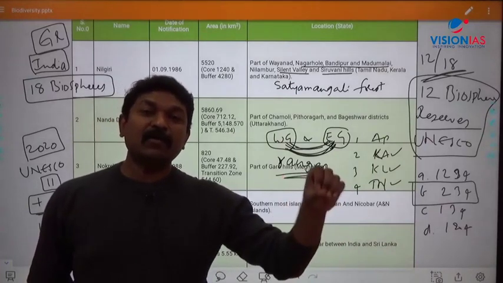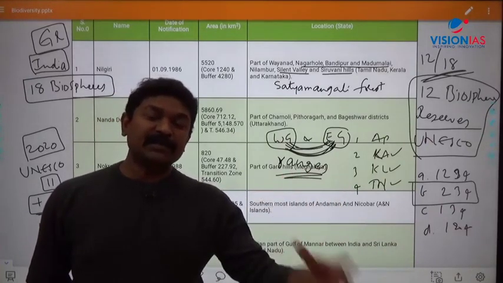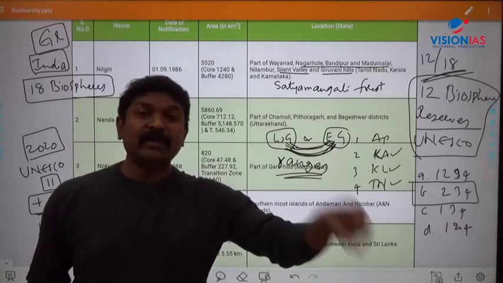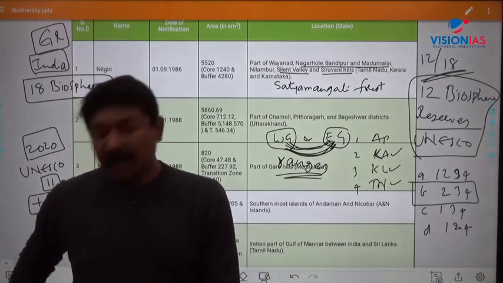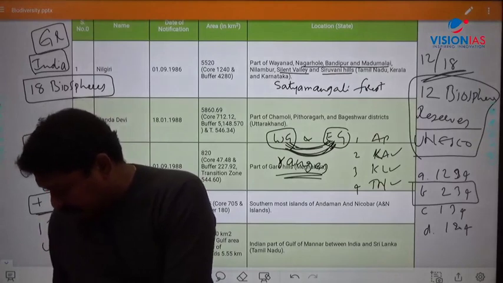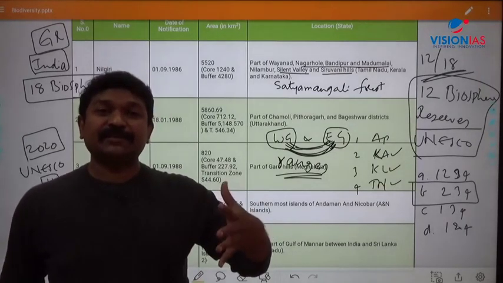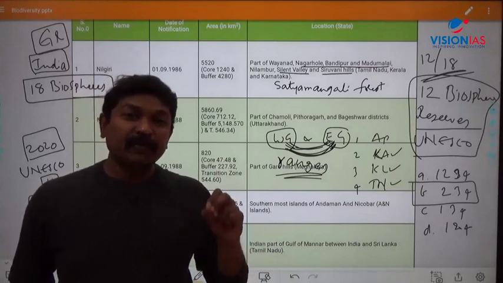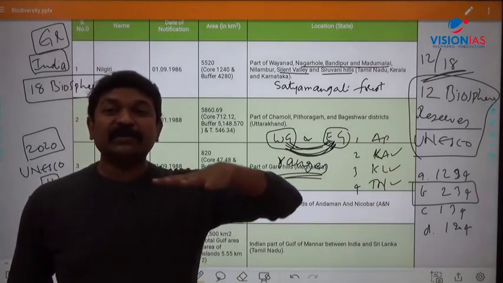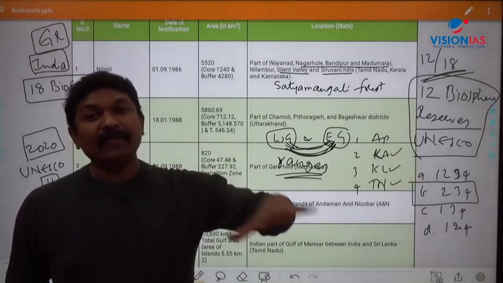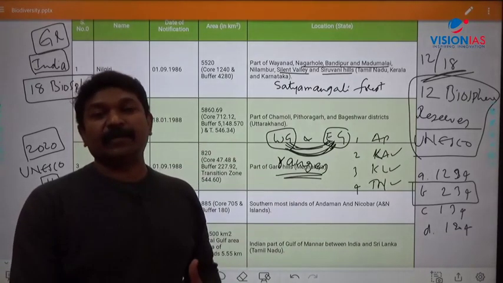Which important location is there? Which important species is located there? In the unique regions. This is the question that is asked right now. This is the trend. The trend has completely changed. Therefore, just knowing the information in a peripheral manner never suffices for the preparation.